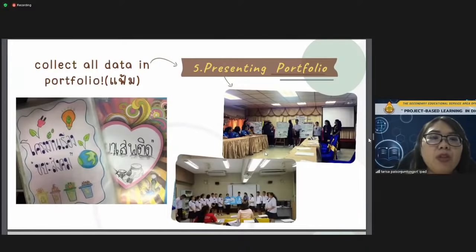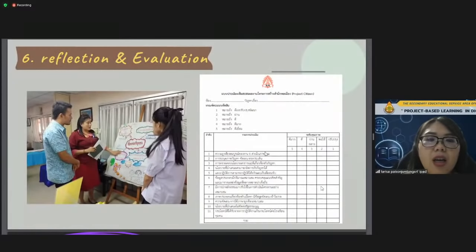Then they have to show up with all of the members of the group and present to the stakeholders, to the board of education, and to the director of the school. After the presentation, we have a project reflection and evaluation to give advice and develop the project process of each group.